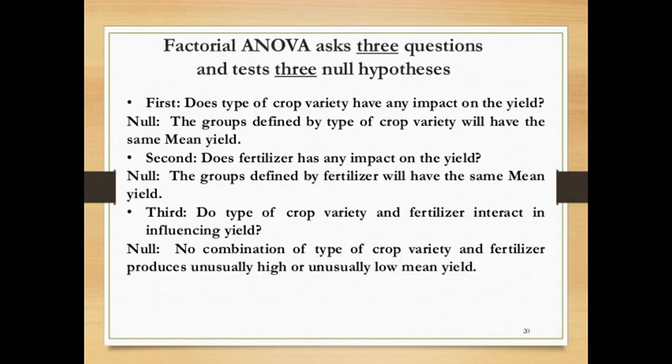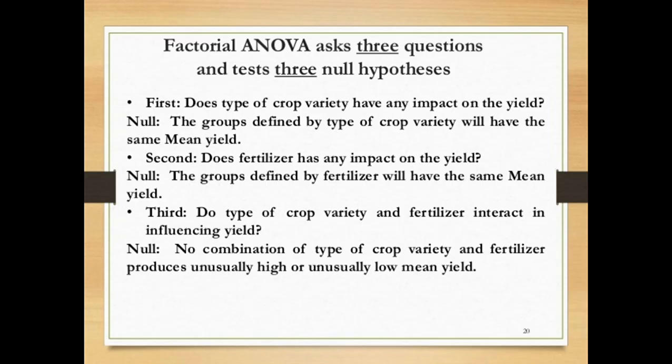Then factorial ANOVA asks three questions and tests three null hypotheses. First, does type of crop variety have any impact on the yield? Null: the groups defined by the type of crop variety will have the same mean yield. Second, does fertilizer have any impact on yield?